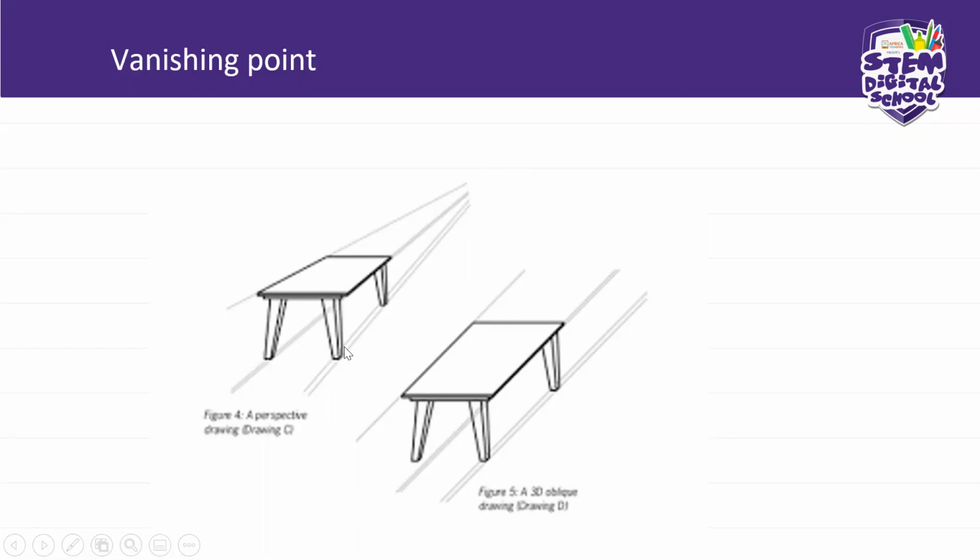Then you start drawing lines connecting to the vanishing point. Connect the front part to the vanishing point, and that will give you shape for your top part. Then you connect the legs. I hope you are practicing that.